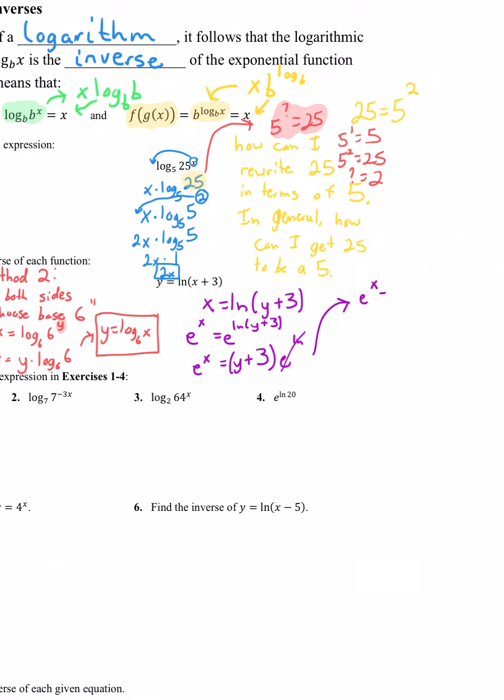So I end up with e to the x equals y plus 3. And then finally, to get y by itself, I'm going to subtract 3 from both sides. e to the x minus 3 equals y. And there's my inverse of this particular function.